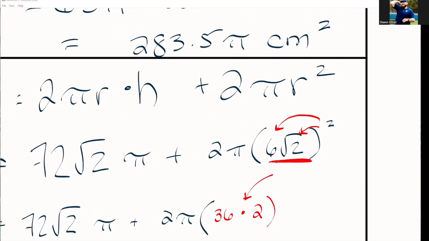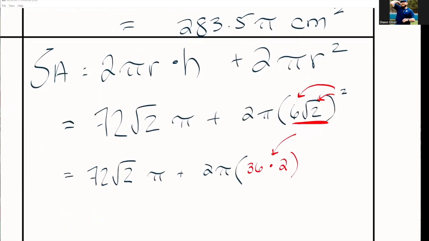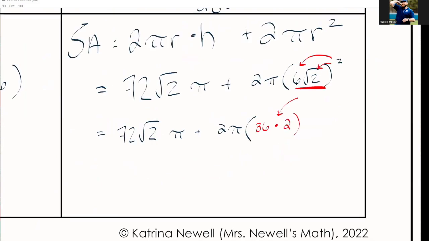What was holding the 6 and the root 2 together in the first place? The invisible 1. Well, we don't need an invisible 1. We have the 6, but there is multiplication holding them together. So even when that radical gets canceled out, it's still multiplication holding them together. So now we have 72 root 2 pi plus 2 pi times 72.